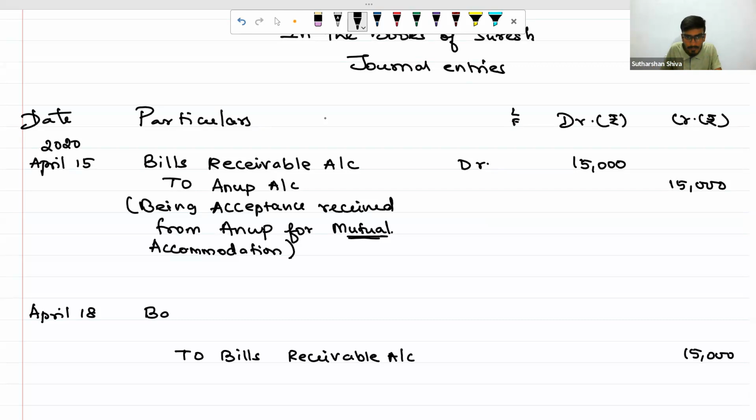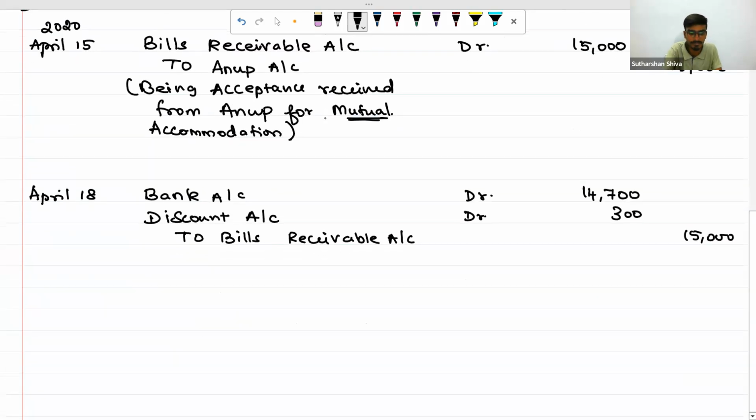I will write bank account debit. What is the value I am going to get? Only 14,700. The remaining 300, I am going to treat as discount charges account. Now you will write a simple narration: being bills discounted with the bank.